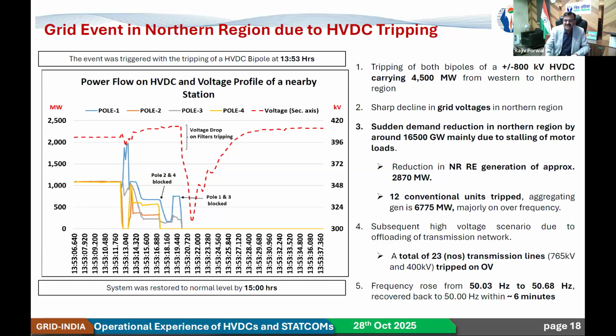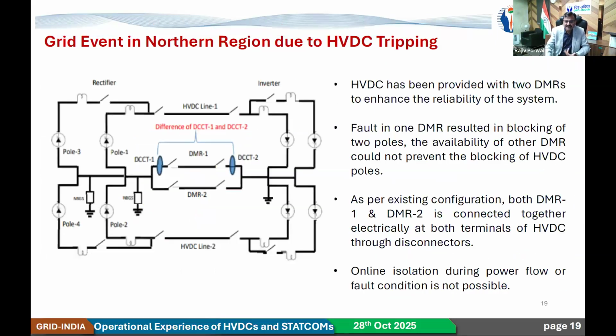So around 16 gigawatt of load disappeared from the system immediately, and then again it came back also. It is not that it remained out, it came back slowly. And this was despite 2 DMR. The main point is that despite 2 DMR, we could lose. Basically, there was a fault in one of the DMR.